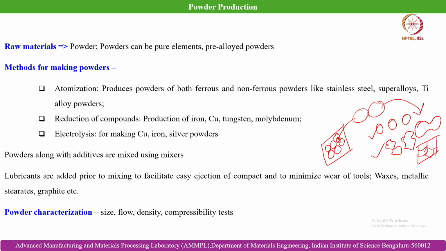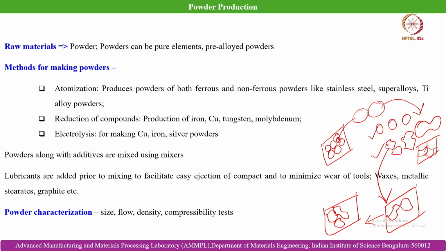Whereas in the case of irregular shaped particles, the regions of contact are difficult and often not well established. That is why post sintering they result in coarser grains, and there is also an ample amount of porosity in between, which causes inferior mechanical properties in the sintered part.